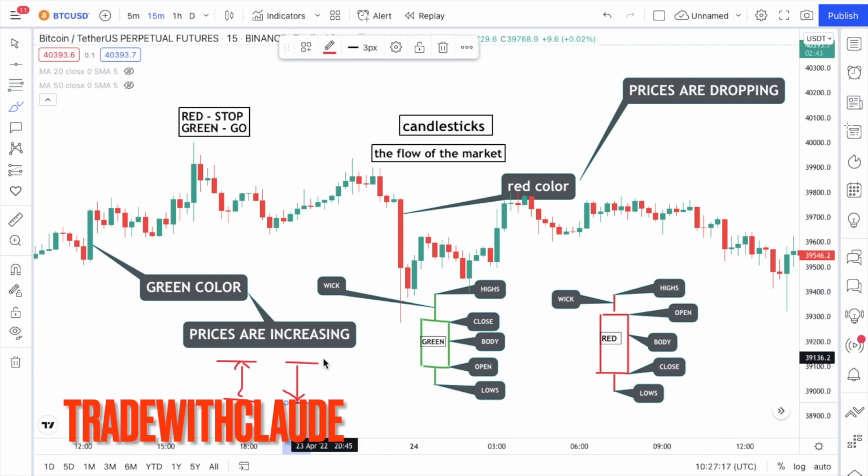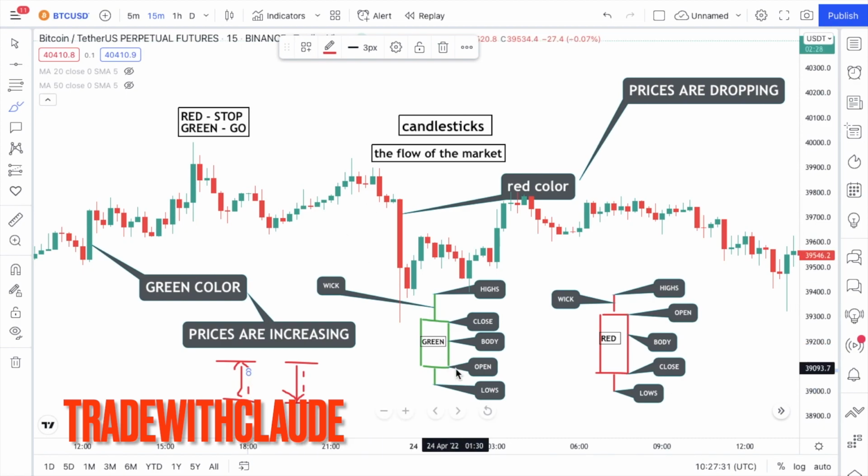If you invested at this level and the price came down to this level, what happened? It means your investment dropped. But if you invested at this level and the price went high, it means that your investment went high. The green candle makes this possible because the green candle will always open from below and close above. But the red candle will open from above and close below.